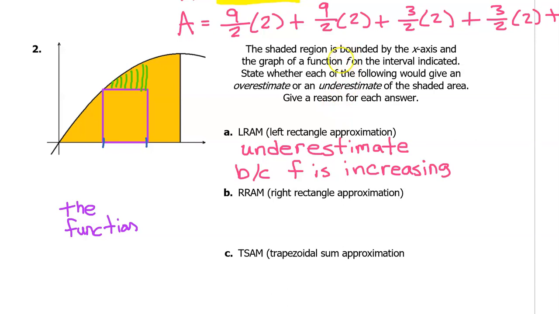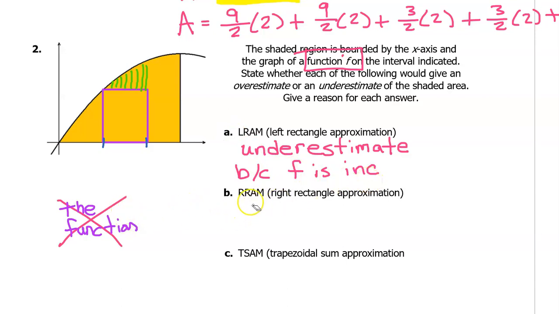So they specifically called this function f. So in my justification, I say because f is increasing. You are allowed to abbreviate this, by the way, so a lot of times instead of writing out the whole word increasing, I will just put INC for increasing.